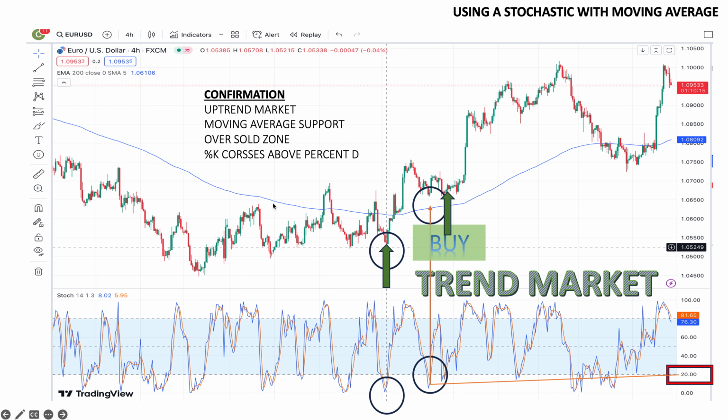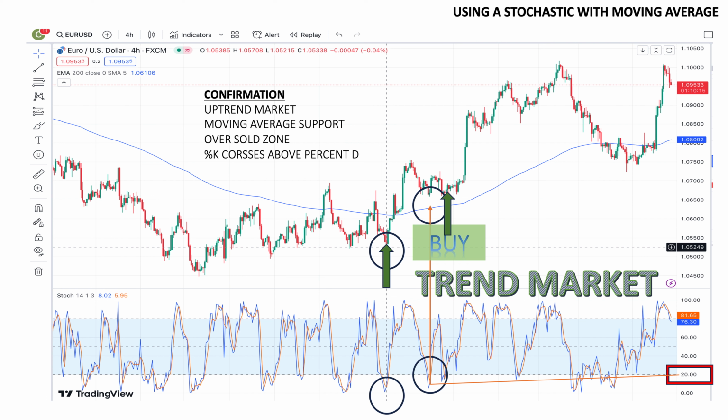I have applied my 200 moving average for identifying my trend. As you can see, we were previously in a downtrend and then we had a push into an uptrend. I explained how you can use a moving average to identify the trend, so if you're a bit lost in identifying trends with a moving average, please watch my moving average class.